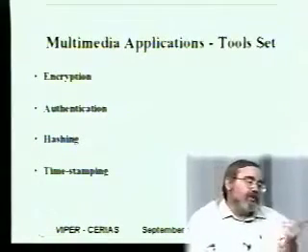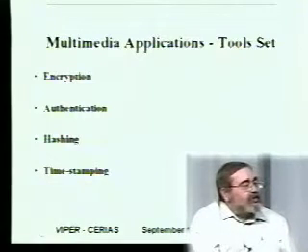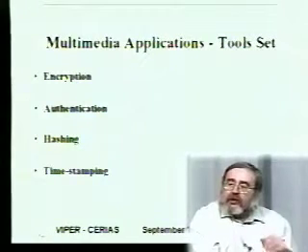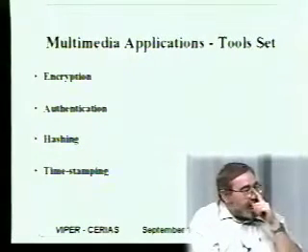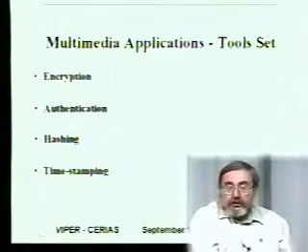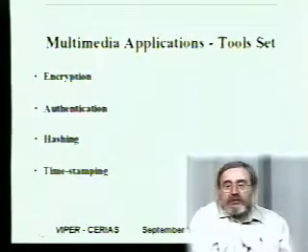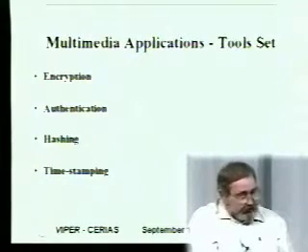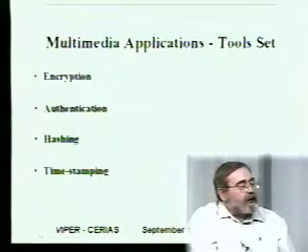Now, the types of tools that people use, and I'm sure you're very familiar with, would be encryption, authentication, which is of course a form of encryption, and hashing and timestamping. One of the things that I am a big fan of in multimedia applications, particularly for asserting ownership, is timestamping. In many applications, to assert ownership, you might be better off doing timestamping.